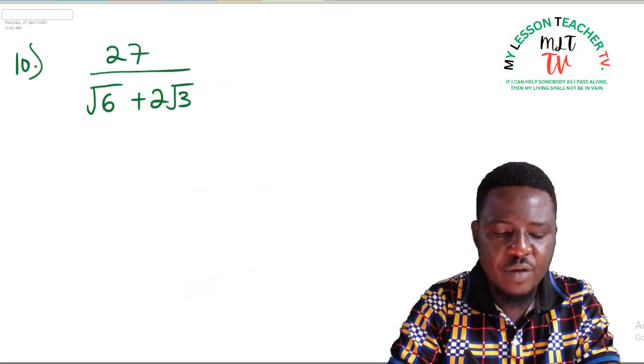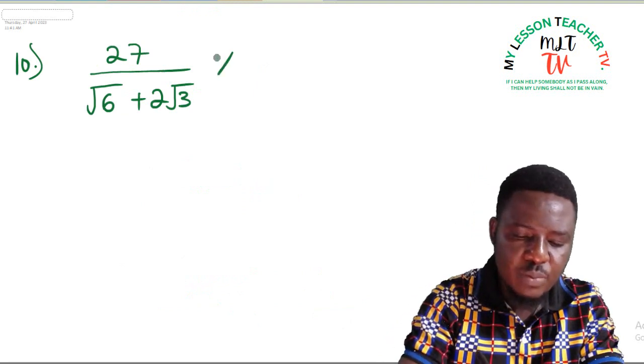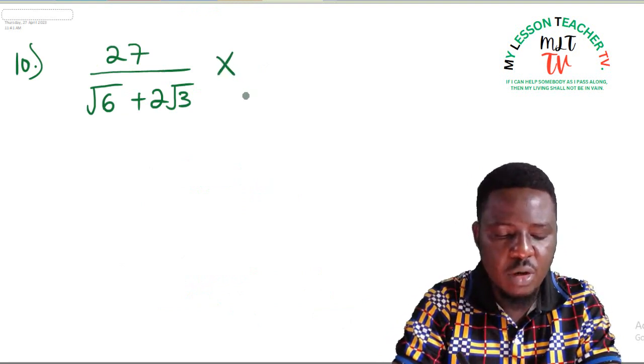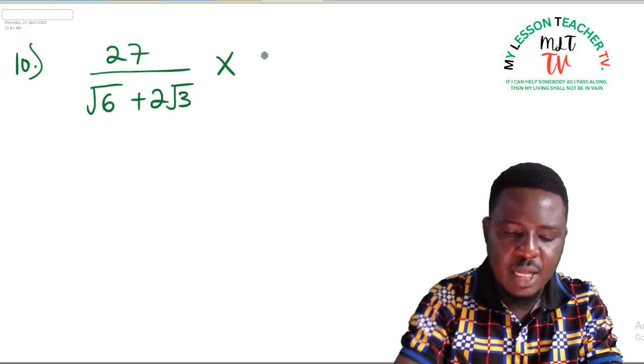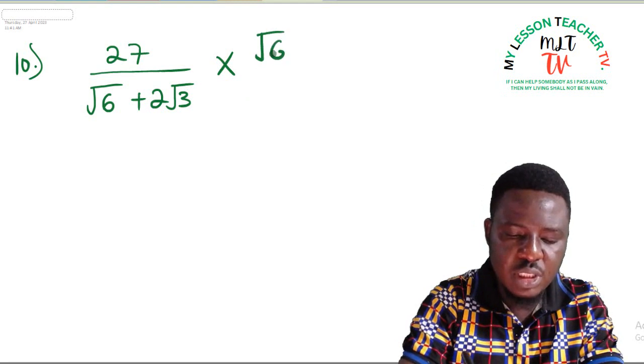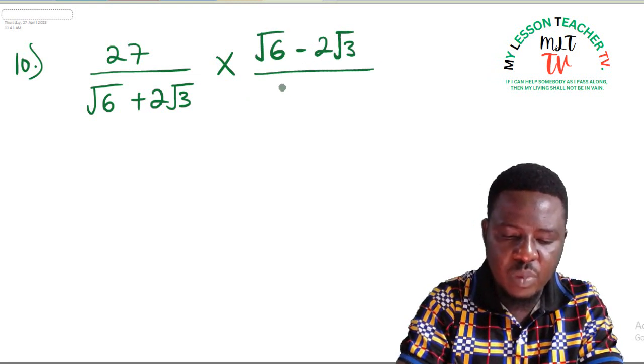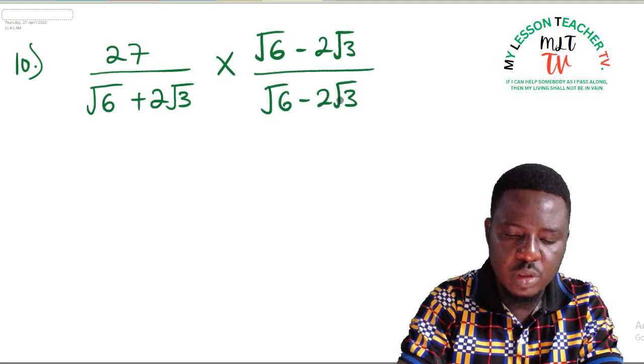Question 10, we have 27 divided by root 6 plus 2 root 3. Multiply both the numerator and denominator by the conjugate of root 6 plus 2 root 3, and that is said to be root 6 minus 2 root 3 divided by root 6 minus 2 root 3.